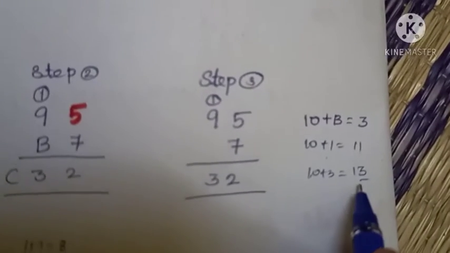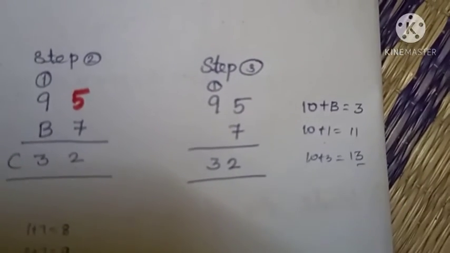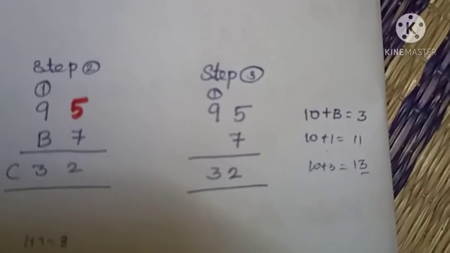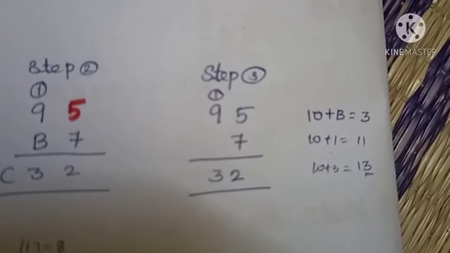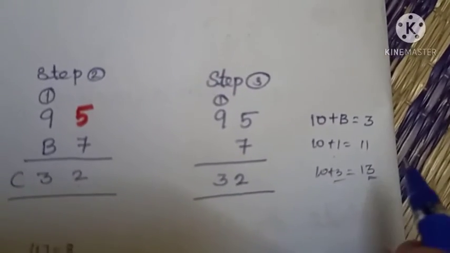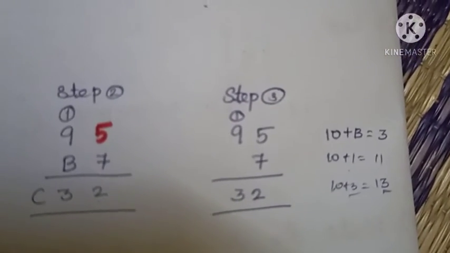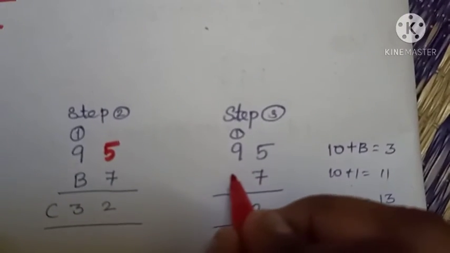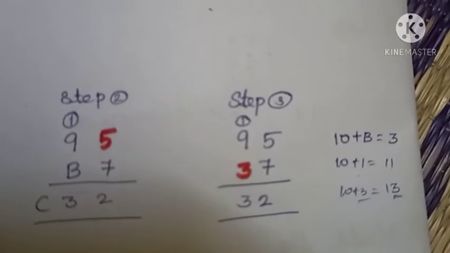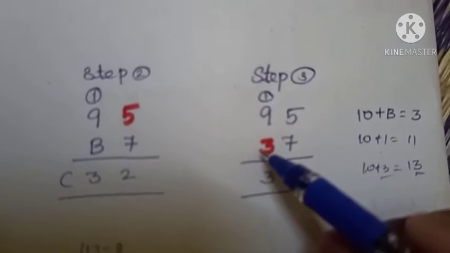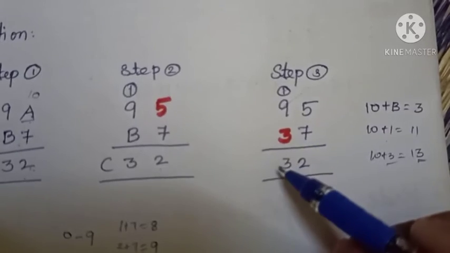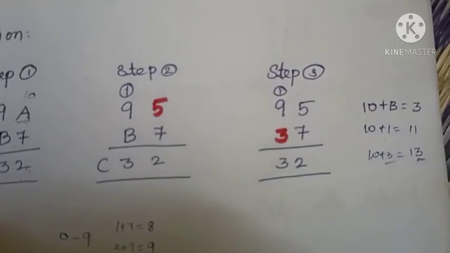So this is one of the possibilities, and if you go with 10 plus 13, you get 23, ending with 3. But 13 is impossible, we take only a single digit number. So instead of B, we take 3. So now 9 plus 1, 10, 10 plus 3, 13, 3 and the remaining carry over 1.